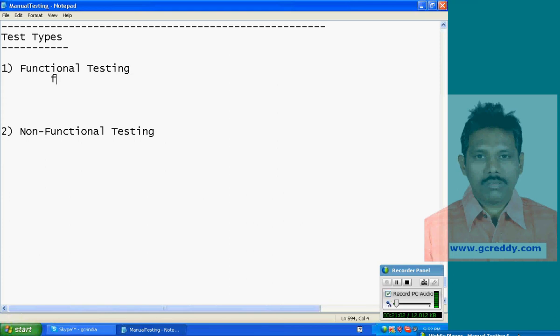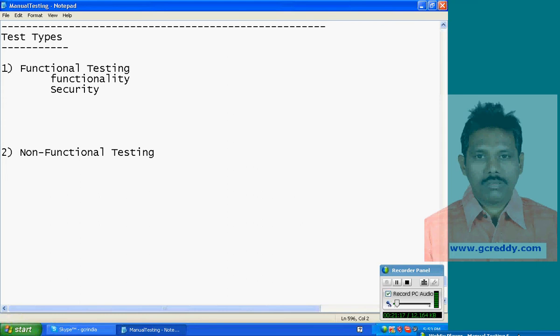See here, subsets: functionality, next security, next compatibility.